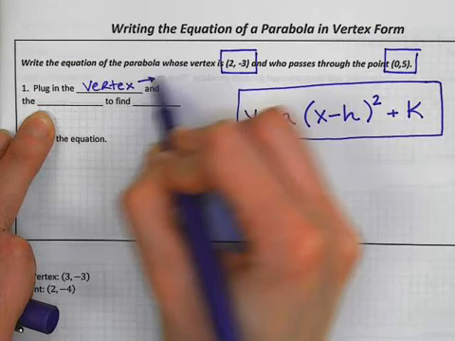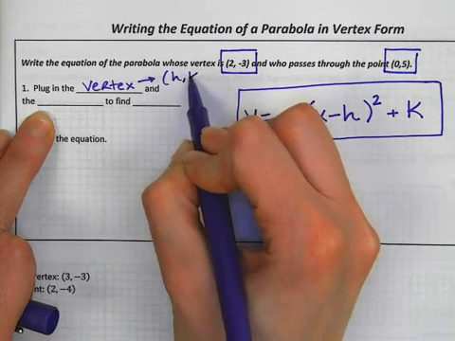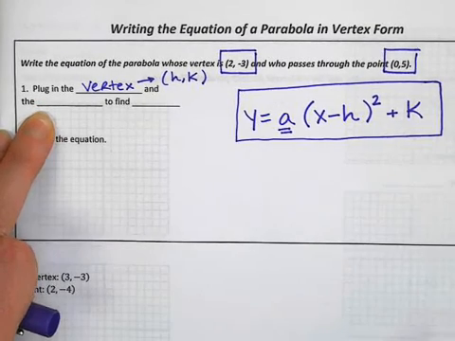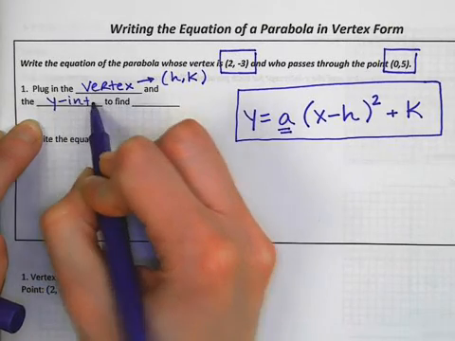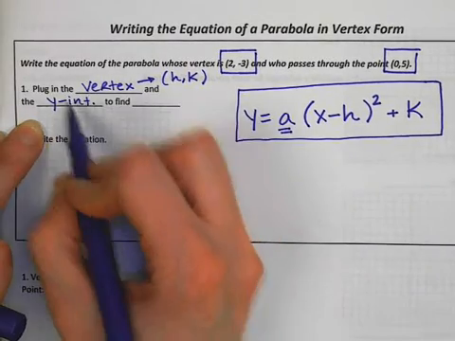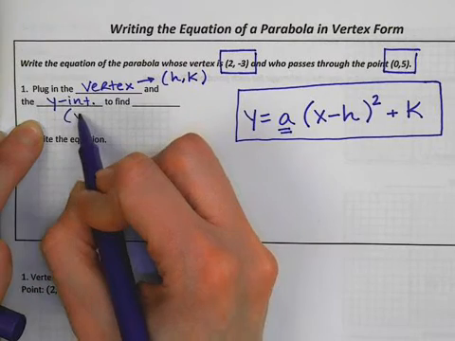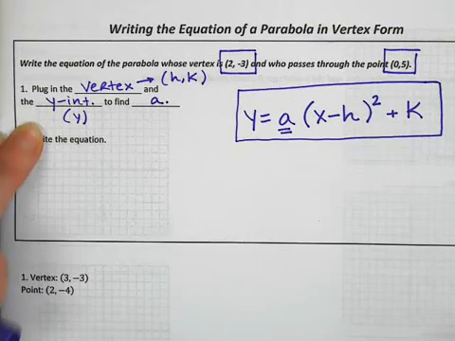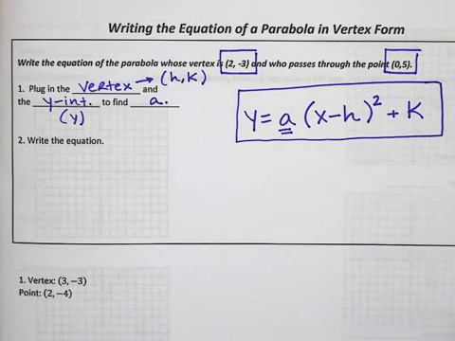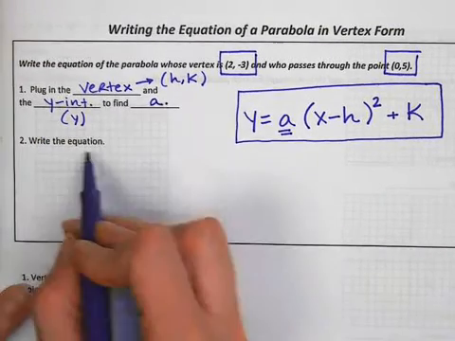And remember, the vertex goes into h and k. And you're going to plug in the y-intercept, and that's going to go into y. And then we're going to use it to find a. A is going to be the thing that we're always trying to find. And then you got to write the equation.